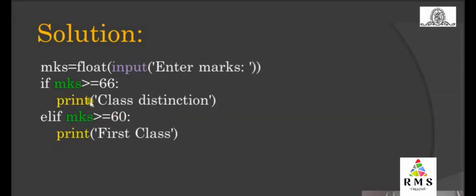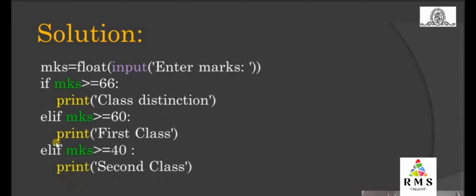Now let us consider that marks is not greater than 66, and even not greater than 60, then the next statement will be executed. Okay, it is less than 60, that is acceptable, but whether it is greater than 40 or not, this we are going to check, right? That is, if the number is within 40 to 60, we are going to print second class. And now else will be executed, print fail. That is, this else will be executed when marks is less than 40.